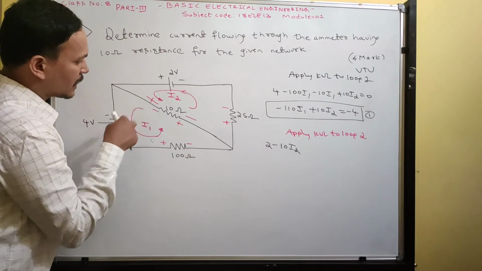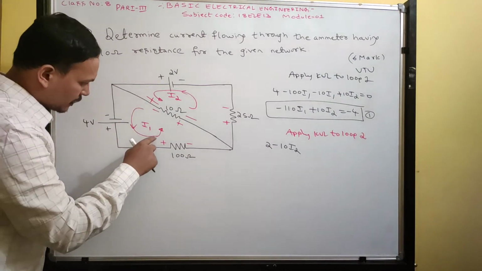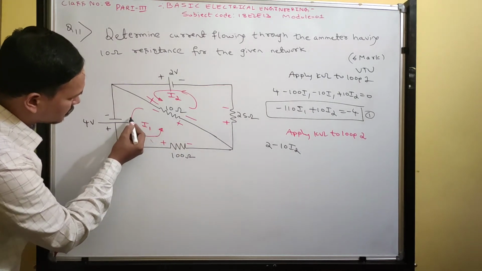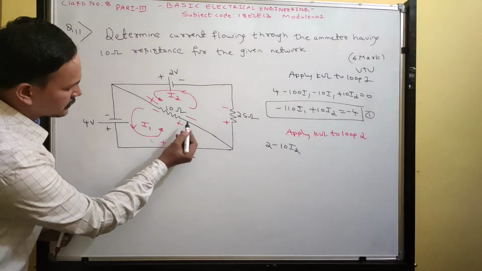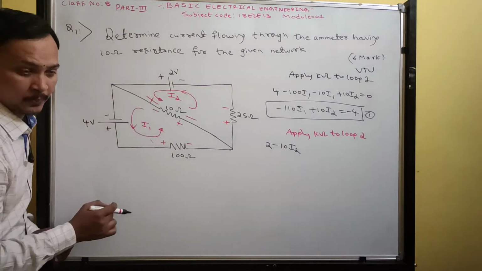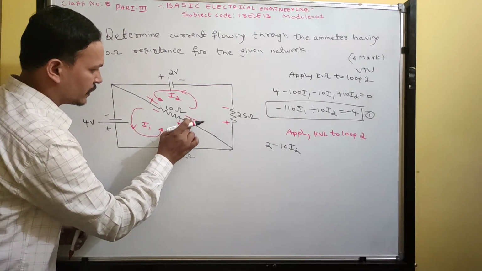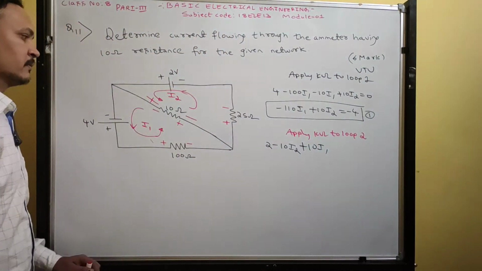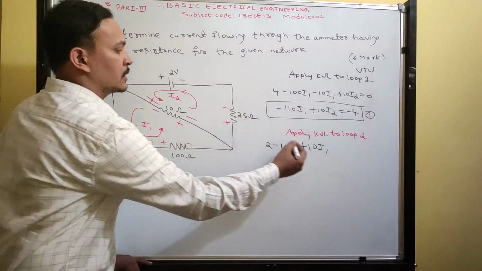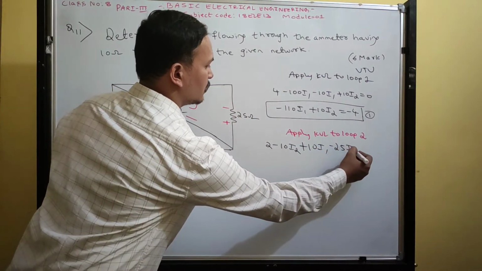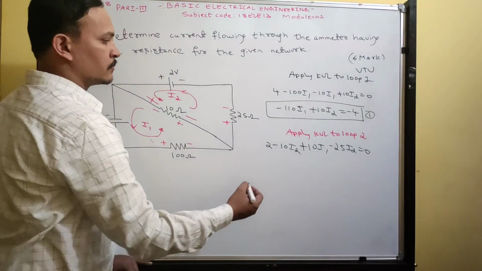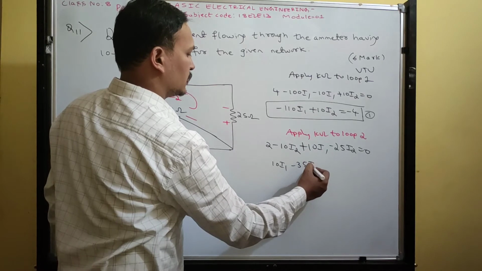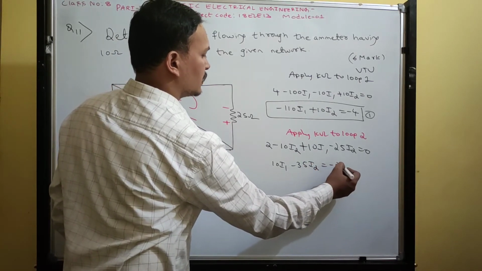Now for the I1 direction, I1 is flowing like this. While coming like this, it is minus to plus, so you should concentrate on the loop 2 polarities. See, I1 is coming minus to plus, so you should write plus 10 I1. Then this last one, plus to minus is a drop, minus 25 I2 equals 0. Now simplify: 10 I1 minus 35 I2 equals minus 2.